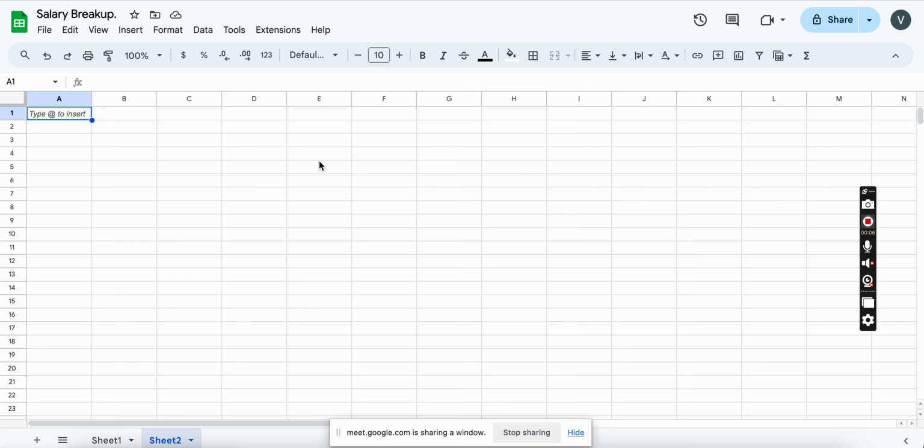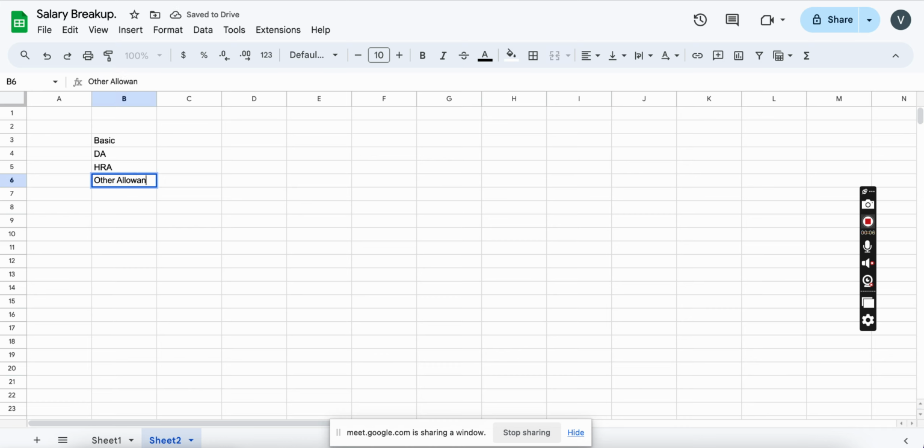Okay. So, in the Indian salary breakup, the salary structure, first we need to understand it when we want to understand payroll. The basic Indian salary structure has a basic salary, then DA, then HRA, then other allowance.